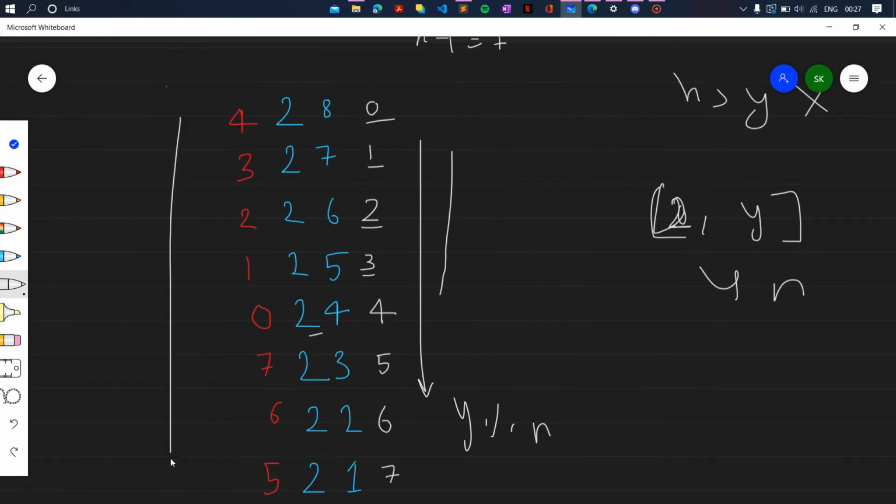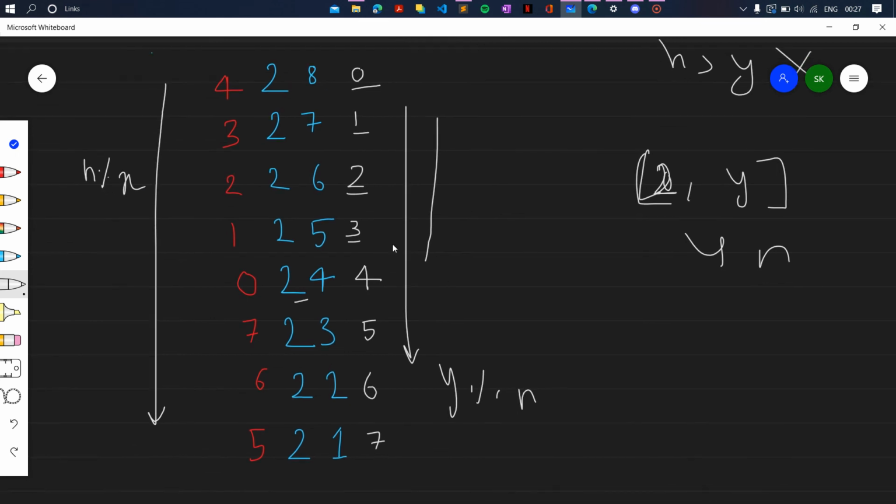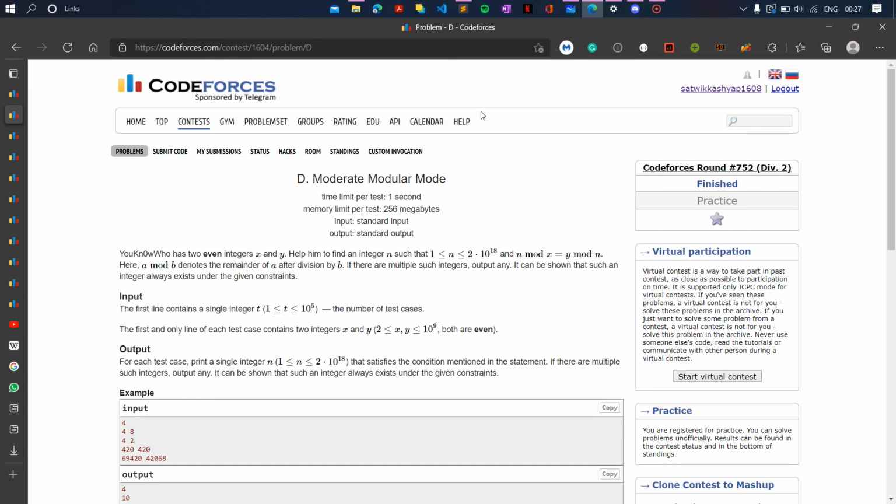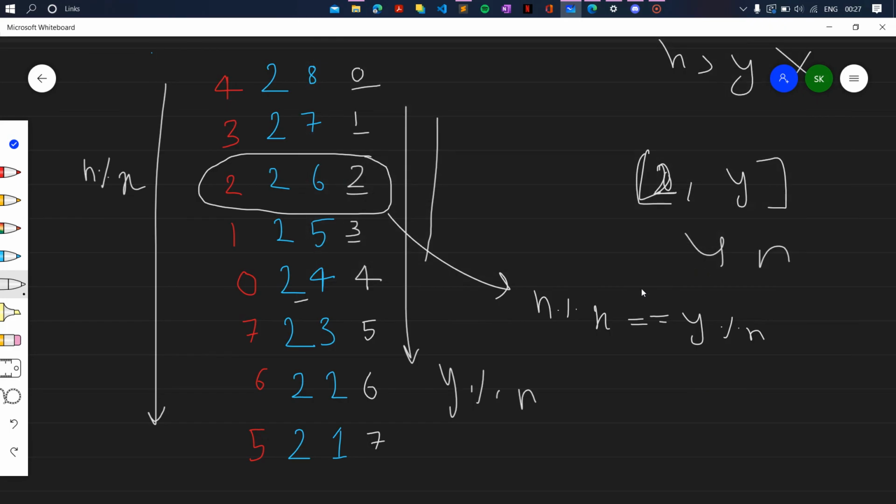And here are the values of n mod x. At 26, both values are the same, and that is our required answer, because at this value n mod x equals y mod n, which is asked in our question.